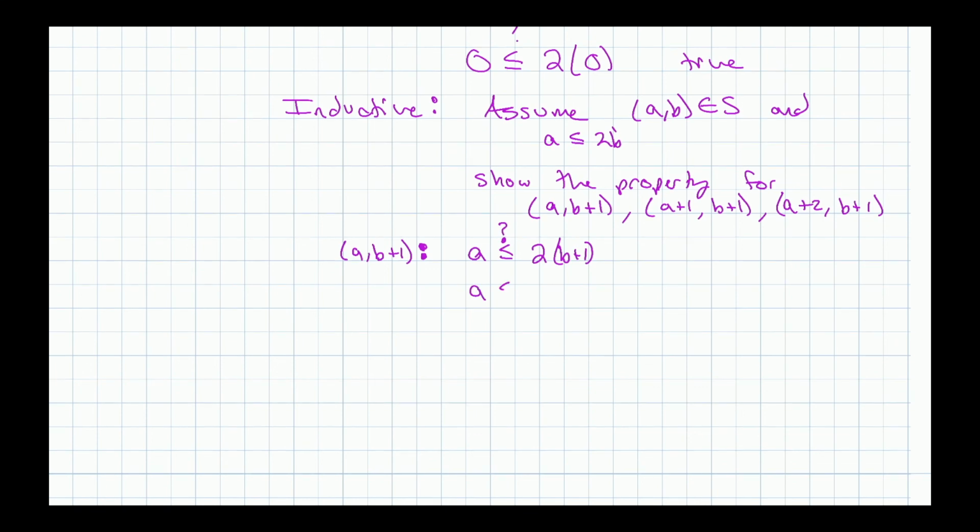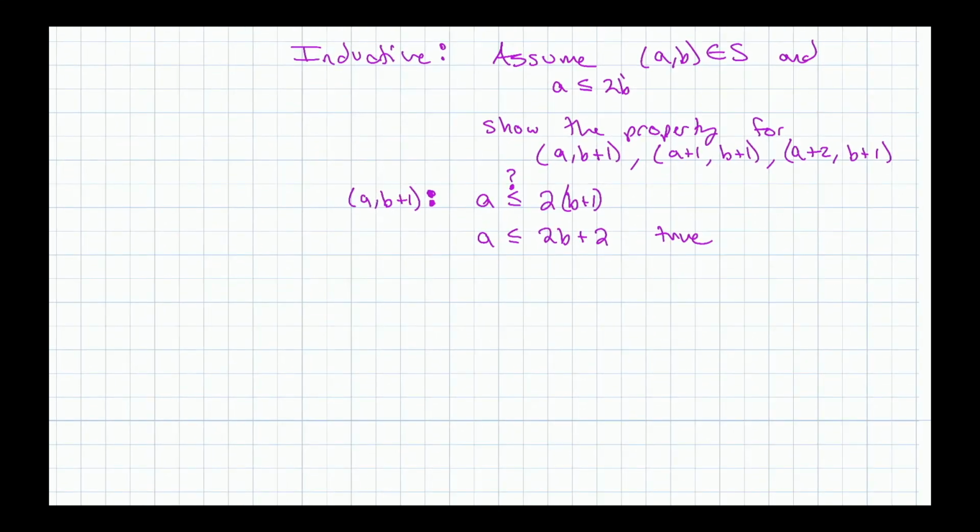So A is less than or equal to 2B+2. Since I know that A is less than or equal to 2B, then that is true. I don't really like the way I did that, but I'm just going to say true.